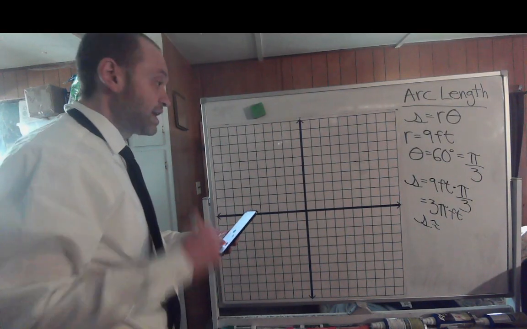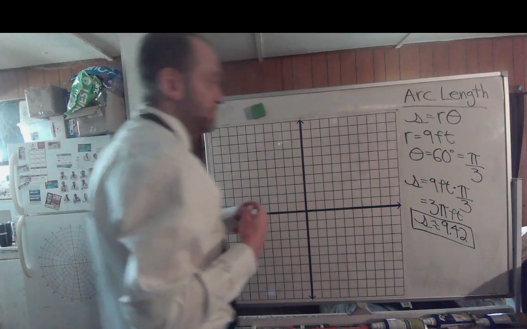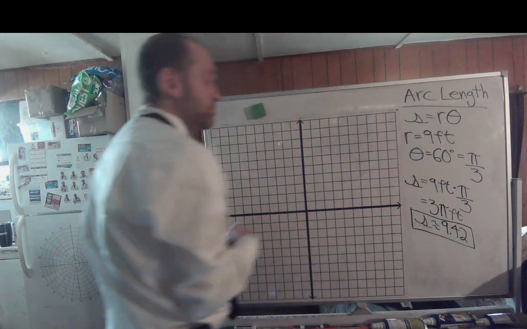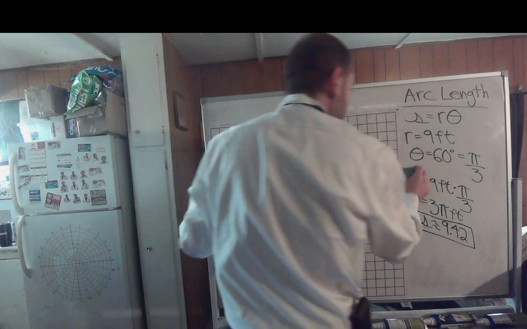Let's figure out what 3 pi is. It's about 9.42 feet. So the length of the arc with a radius of 9 feet and a pi over 3 radian central angle is about 9.42 feet.